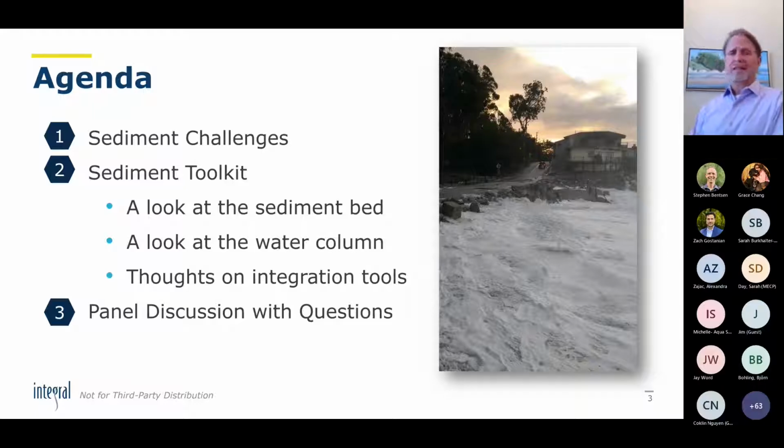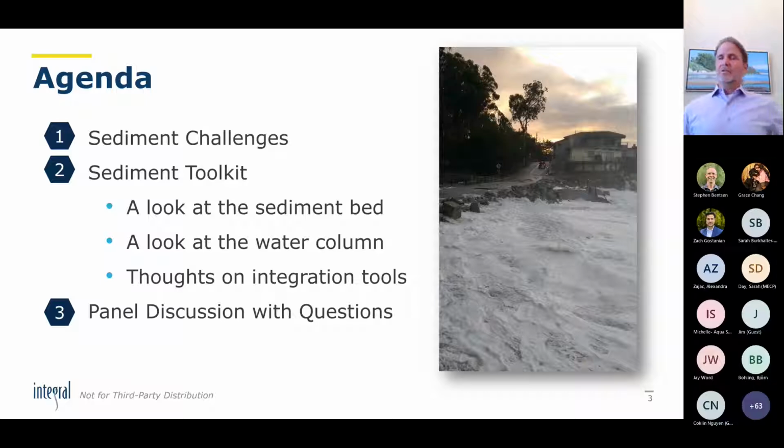And during the winter, a lot of that does get eroded away. However, during this very large storm event, the beach was completely gone. A large wave event hit during a high tide. And as you can see here, water is starting to cross the roadway. Some of these blocks, some weighing as much as a ton, were washed up and over the roadway during the peak of the swell.